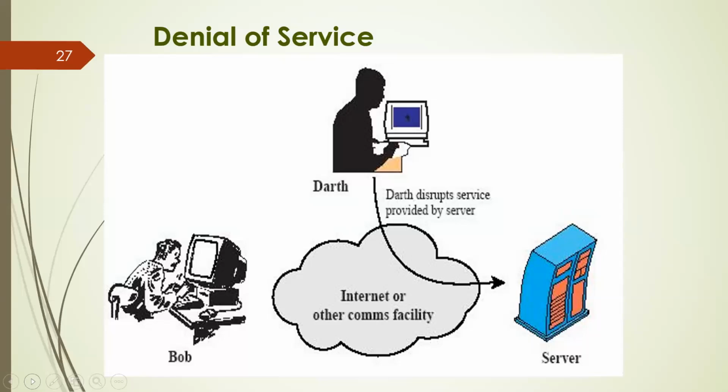They make the server busy. Every time you want to access it: sorry, it's busy, sorry, it's busy. And it goes on and on. Before you know it, Bob is trying to access the server: sorry, the network is down, sorry, the network is down. And that becomes extremely difficult for people to deal with.